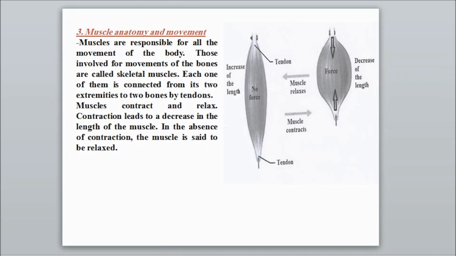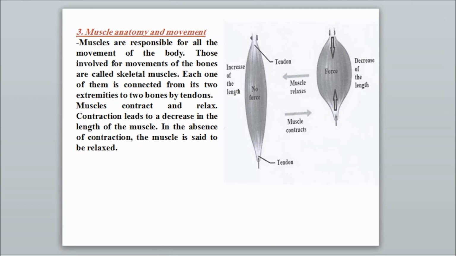So by now, you know that posture is the position in which you hold your body when standing, sitting, walking, keeping a balanced position. And you know that it involves muscles which are connected to the bones by tendons, that the muscles are involved in the movement of the bone, and that the muscles contract and relax.